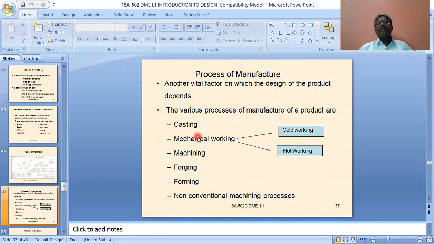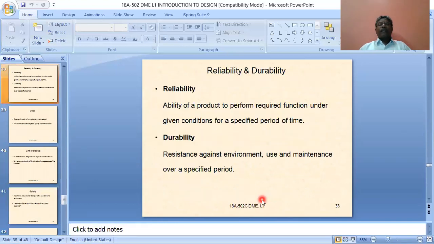Manufacturing techniques are casting, mechanical working of metals by cold working, hot working, and machining techniques such as lathe, milling, shaping, slotting, planing, broaching, etc. Forging and forming are other techniques, and also powder metallurgy and non-conventional machining processes.